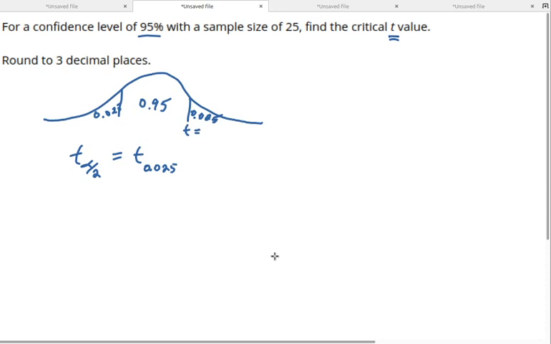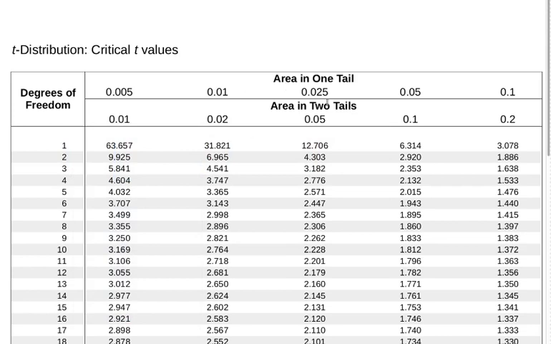Well, a couple ways to do this. I could look at my t-distribution table, and know that because there's 0.05 in two tails, that's the same thing as 0.025 in each tail. So I know that my critical value must be in this middle column here.